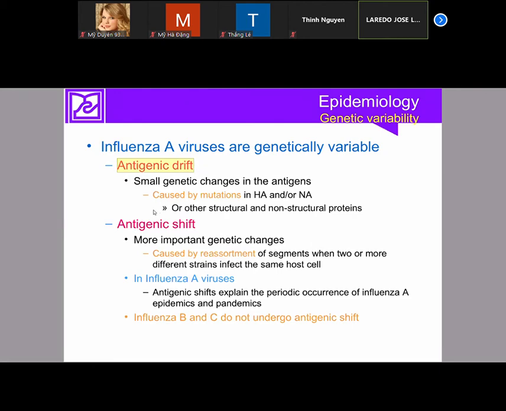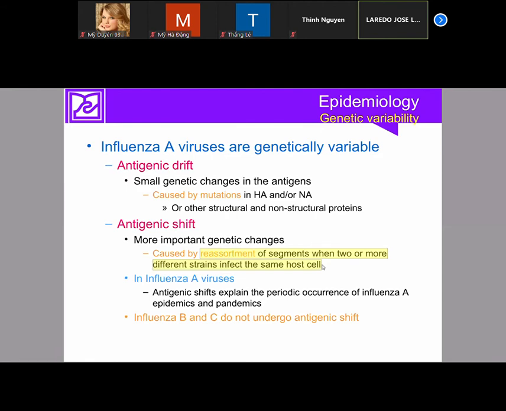However, they may also change by a different mechanism, very important: antigenic shifts. Antigenic shifts are not caused by mutations. They are caused by reassortments of segments, I told you before, and these reassortments of segments appear when 2 or more different strains infect the same host cell.